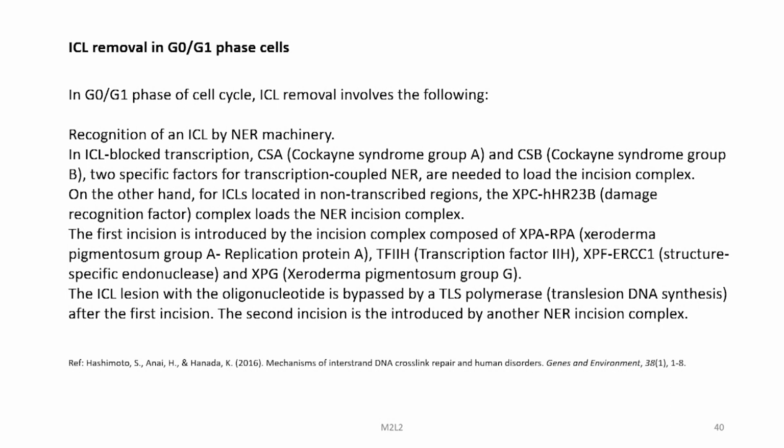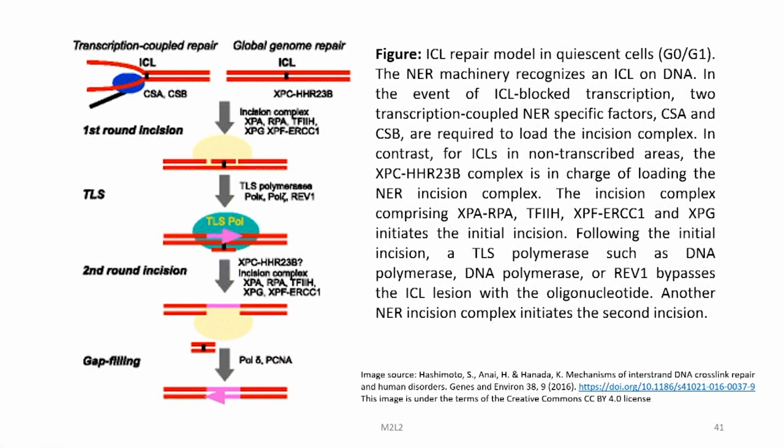On the other hand, for ICLs located in non-transcribed regions, the XPC-HHR23B damage recognition factor complex loads the NER incision complex. The first incision is introduced by the incision complex composed of XPA, RPA, TFIIH and XPG. The ICL lesion with the oligonucleotides is bypassed by TLS polymerases after the first incision. The second incision is introduced by another NER incision complex.